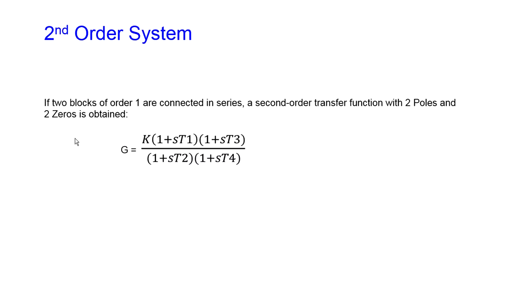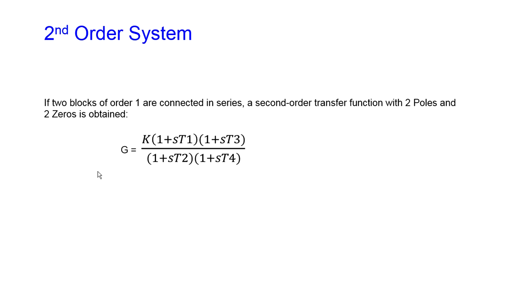And once we have the model or algorithm for the first order system, we can connect two or several of those first order systems in series, and then we obtain a second order or higher order system transfer function. In case of a second order system, like in this figure, it has 2 poles and 2 zeros.